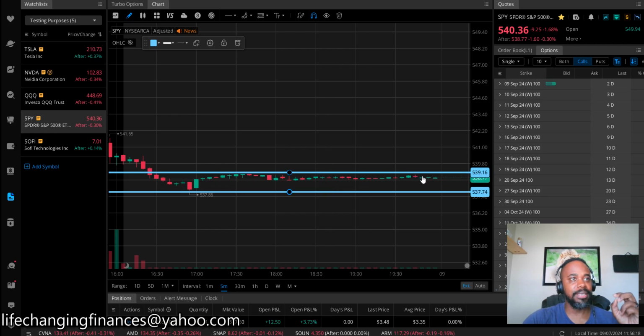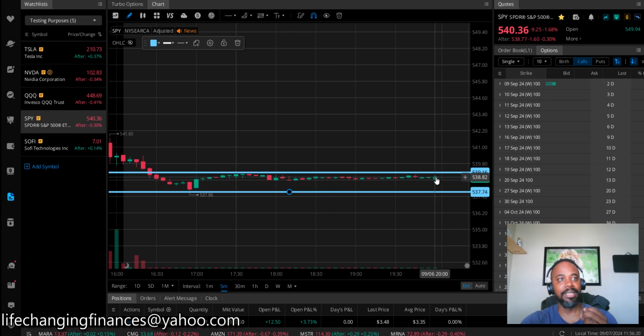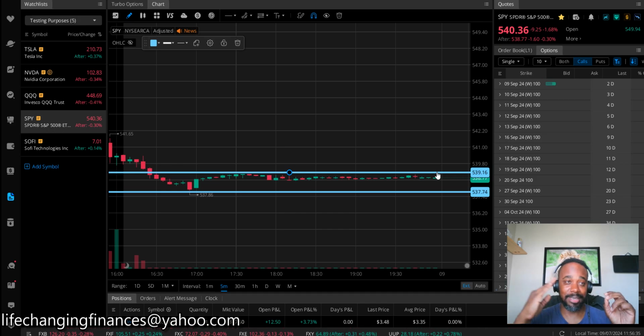Now, for example, if we look at this particular candle here and it starts to go up above this line at the top, which is resistance, which we want to break through, and we want to show confirmation that it's going to stay past this line, then we would say we want to do a call.